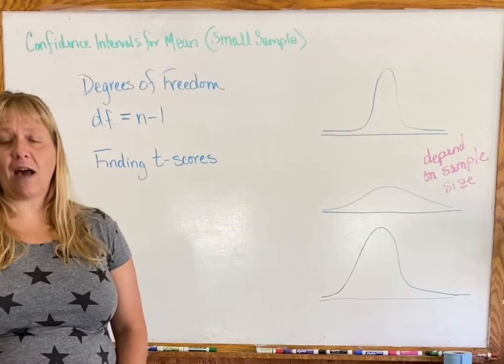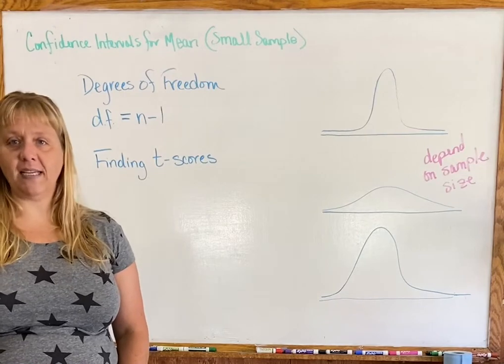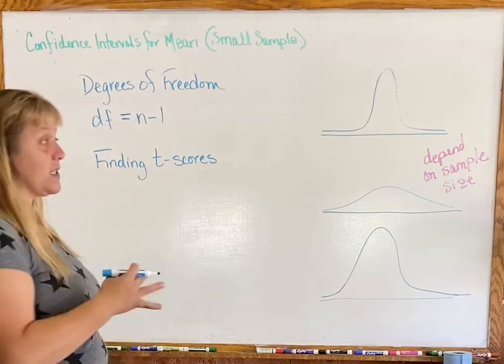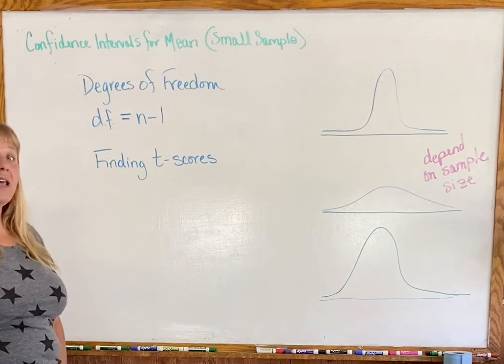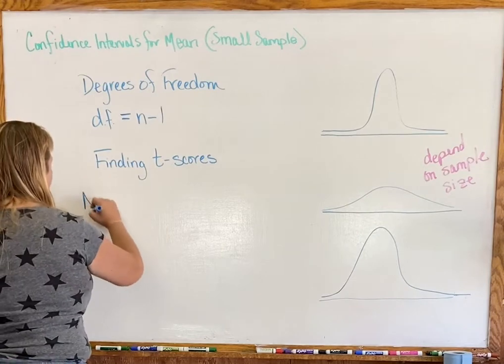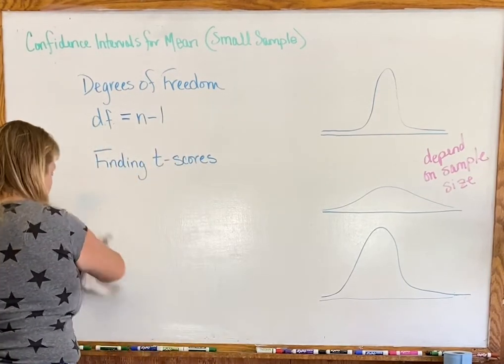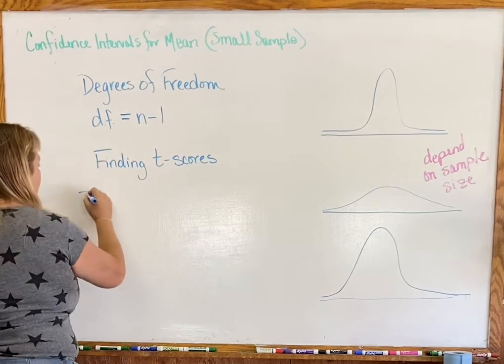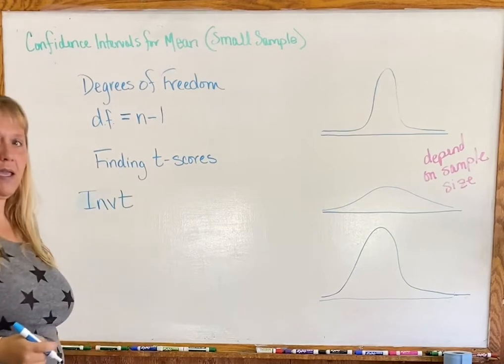And on your calculator, you had that inverse norm, and that helped us find z-scores, but that's not going to work for us here because we're not normal. But guess what your calculator does have? Instead of using inverse norm, this time we're going to use inverse t.